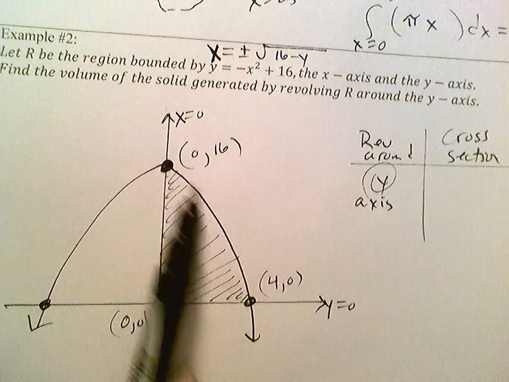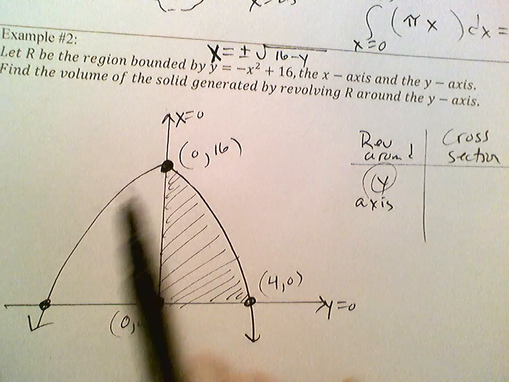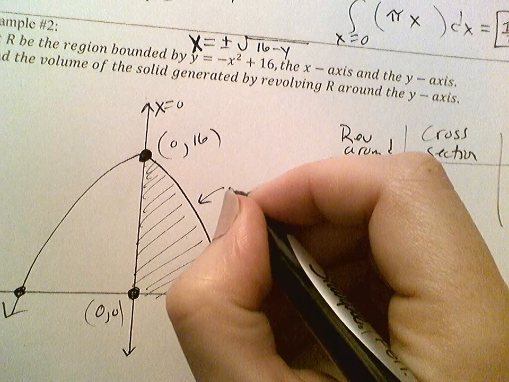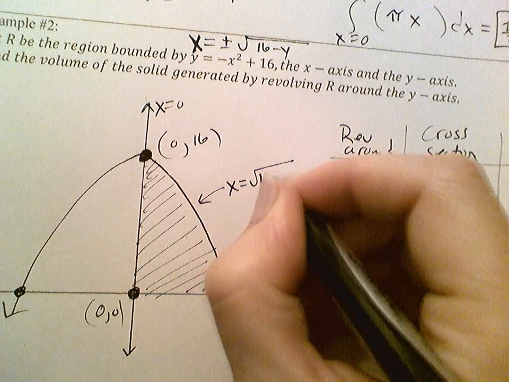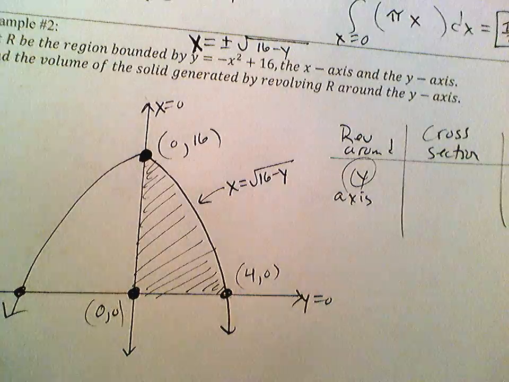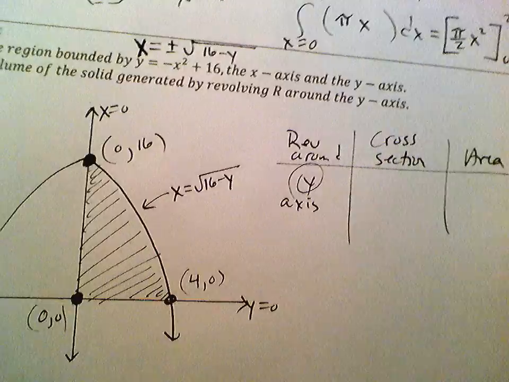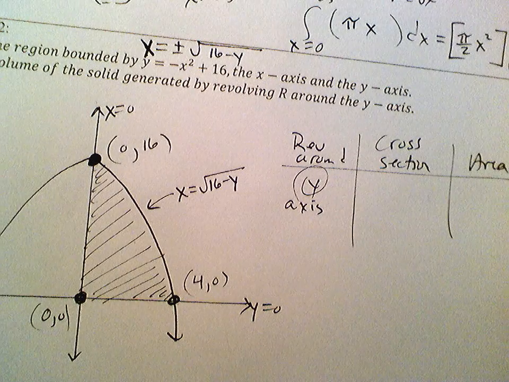The positive one would be this right side, and the negative one would be that left side. So over here, x equals radical 16 minus y. Because I needed everything in terms of y, I solved for x.